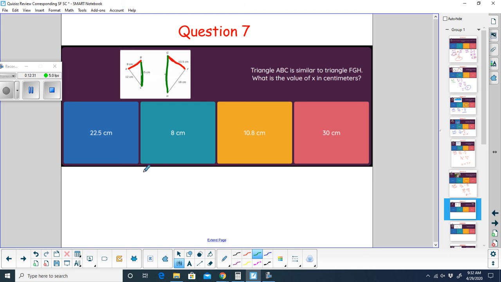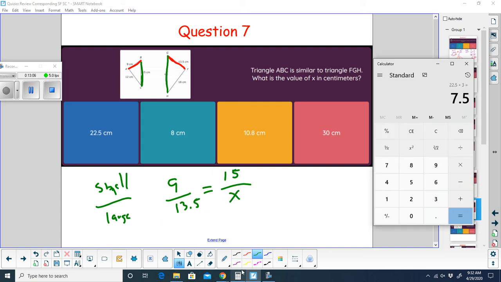So, what do we have here? I'm going to call it small triangle to large. The side that is 9 in the small triangle corresponds with 13.5 in the large triangle. Just like in the small triangle, the side that is 15 corresponds with our variable there, x.